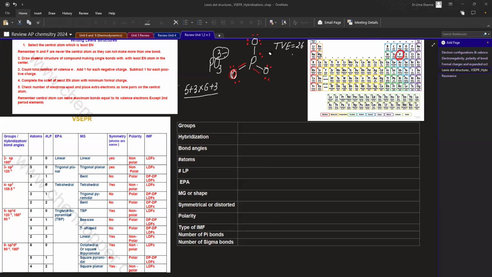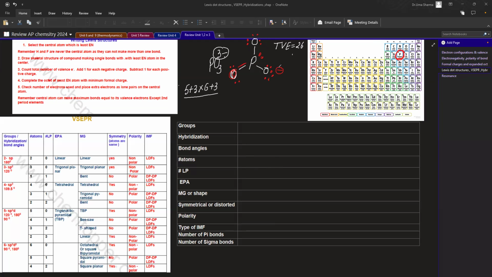Actually, P cannot take more because P is already with 5 bonds. P cannot take more. So remove this lone pair and remove the double bond. Put 1 here, negative. This is the structure.